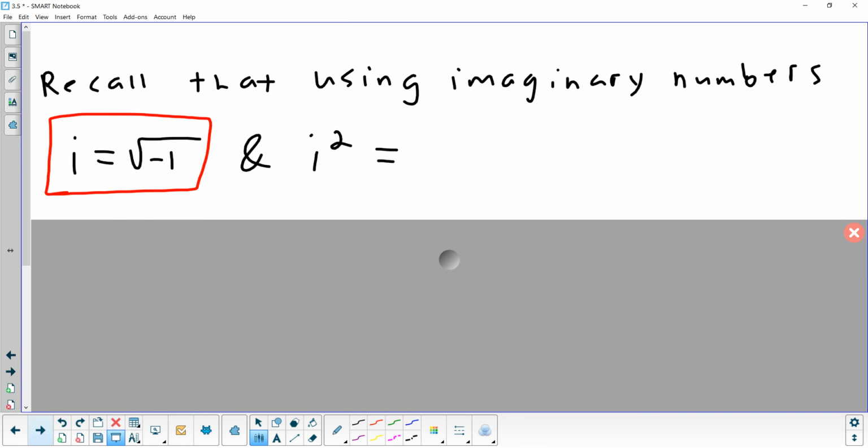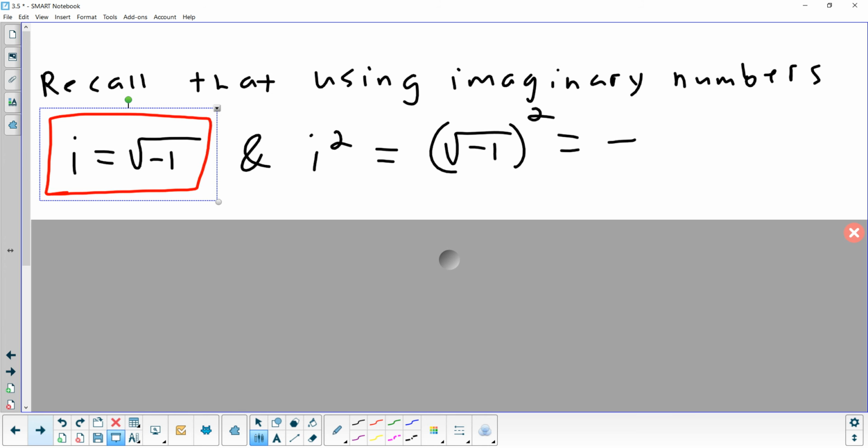We can definitely figure out what i squared is based off of this definition. So i squared means to take i and square it. Well, i is the square root of negative 1. And anyone think they know what you would get if you simplified the square root of negative 1 squared? Yeah. Negative 1.